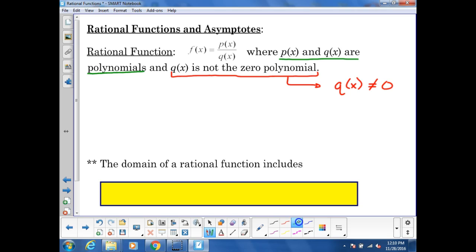So 17 is a polynomial, and x cubed plus 5x squared minus whatever is a polynomial. What's a polynomial? Something that has zeros? Nope. 3 words. I can name a polynomial in 3 words.